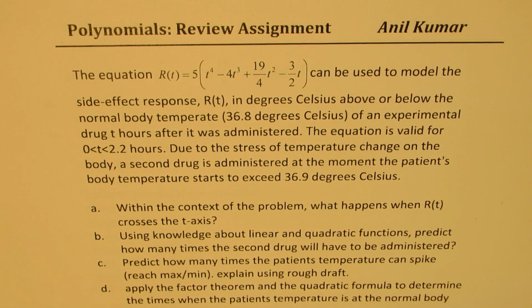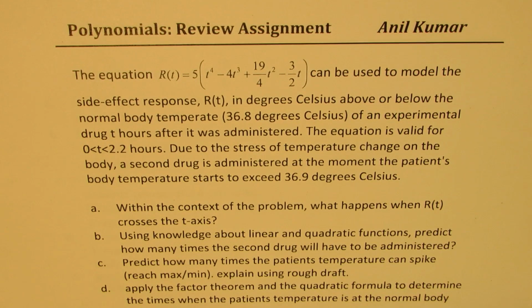Now there are a lot of questions to be answered based on this information. A. Within the context of the problem, what happens when r of t crosses the t-axis? B. Using knowledge about linear and quadratic functions, predict how many times the second drug will have to be administered. C. Predict how many times the patient's temperature can spike, reach a maximum or minimum.